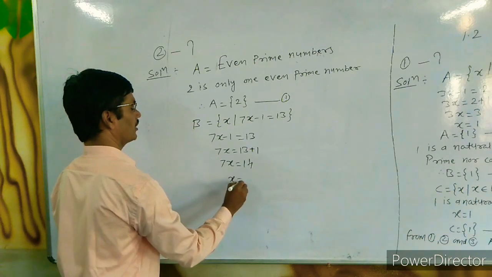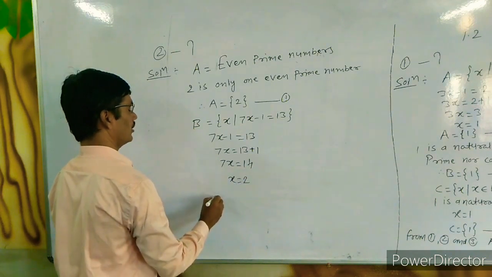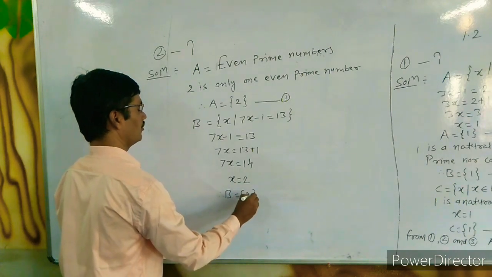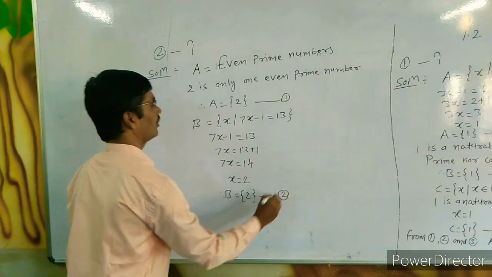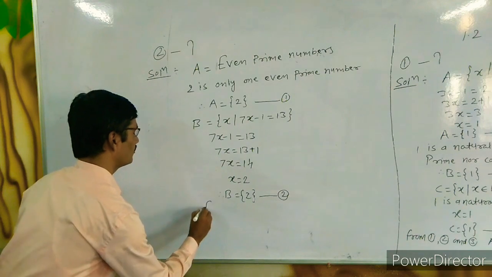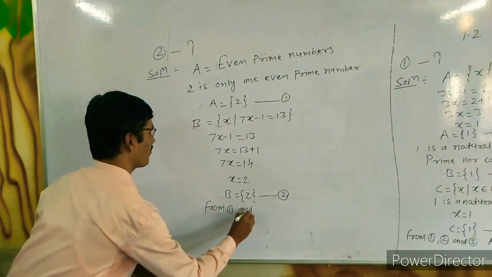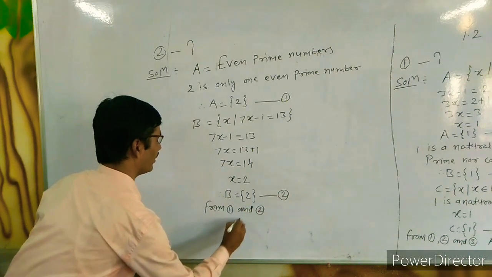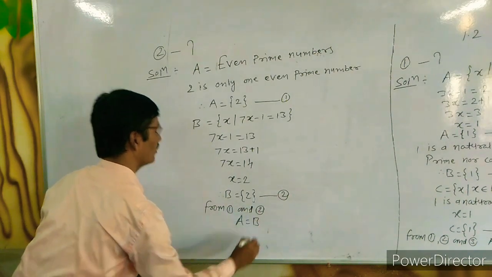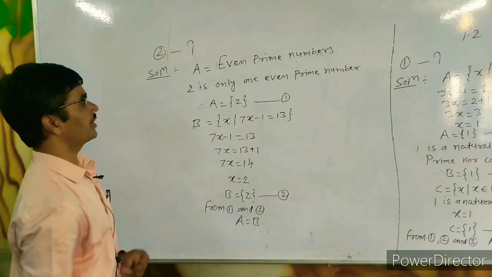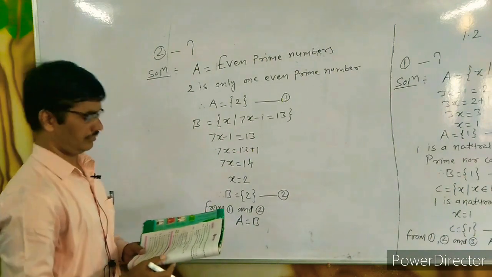X equal to 14 by 7, 2. Therefore, B equal to {2}. From 1 and 2, A equal to B because the sets contain exactly same elements.